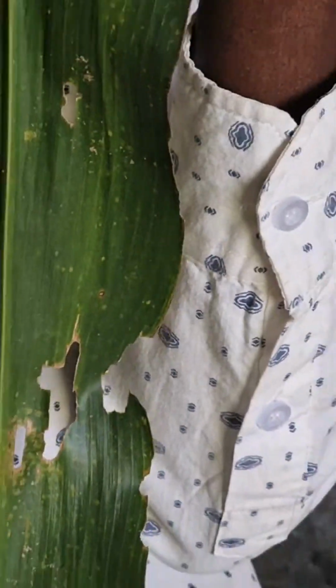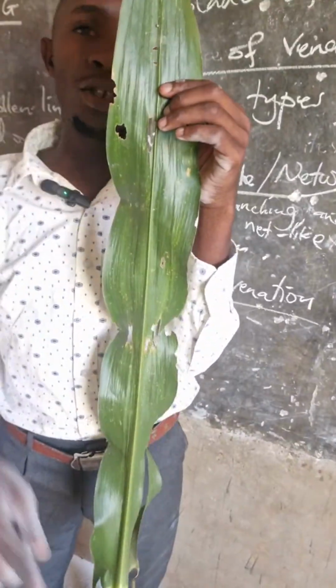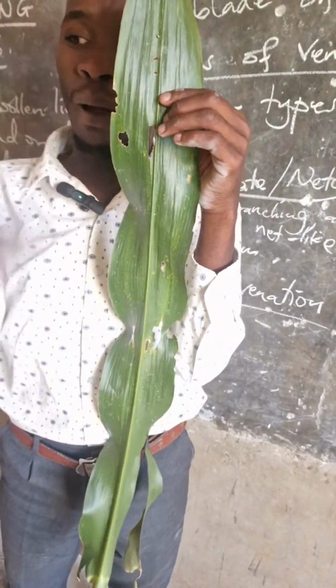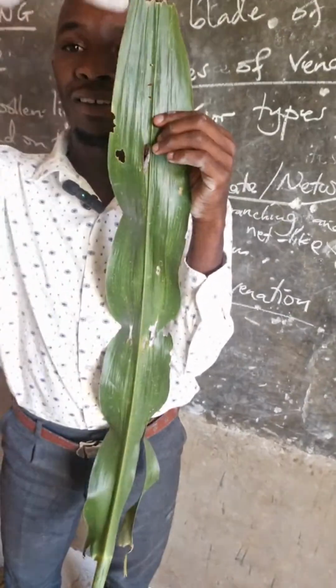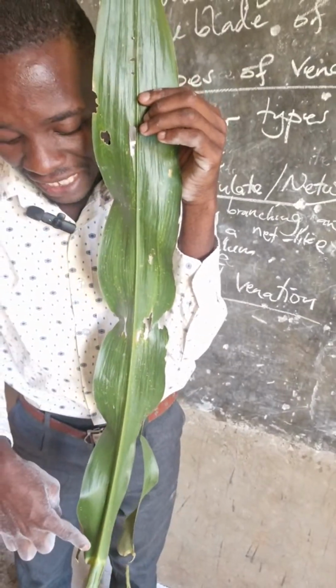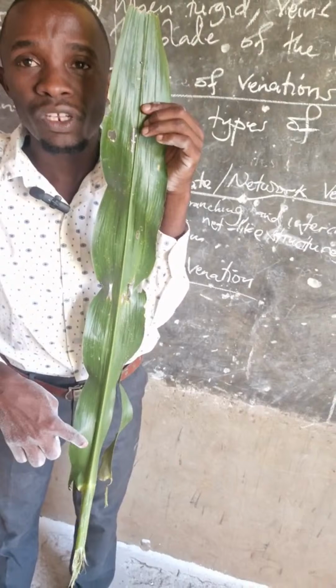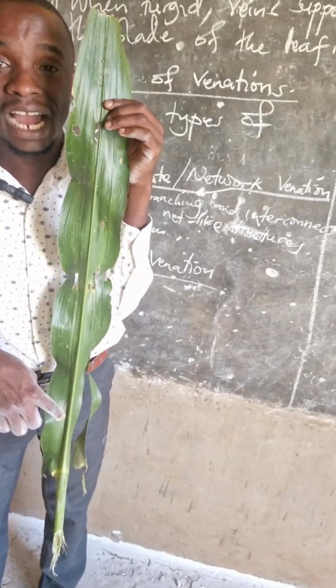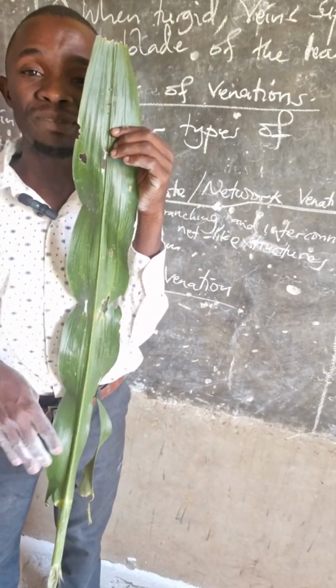So the things you must know, that the veins run from the bottom of the leaf to the tip of the leaf, parallel to one another. Being parallel to one another, they have regular spacing between themselves. And the veins are almost of the same size.